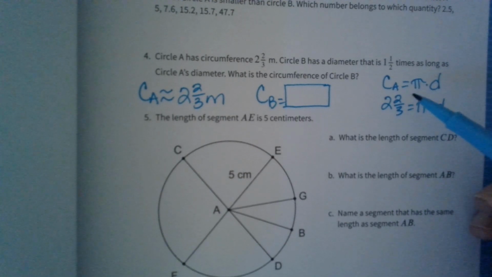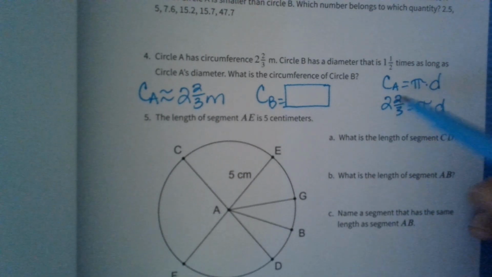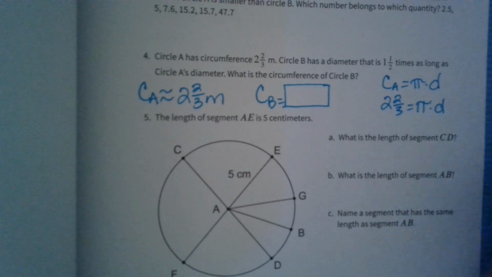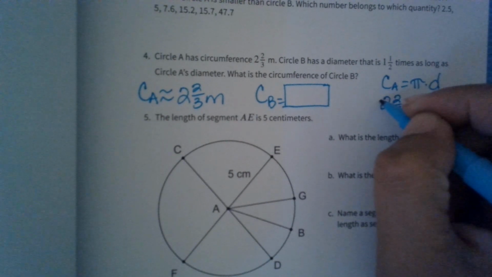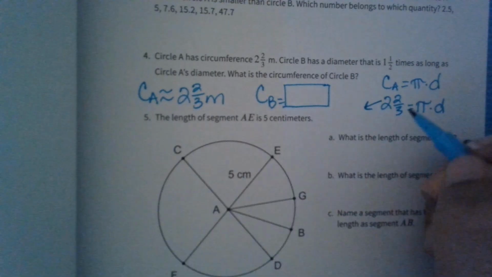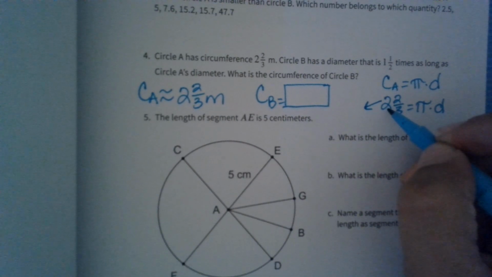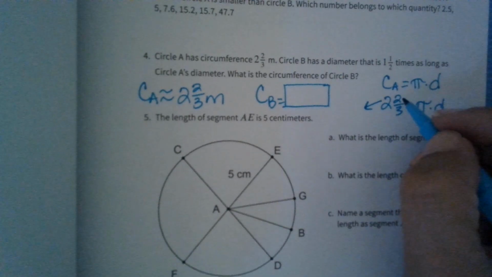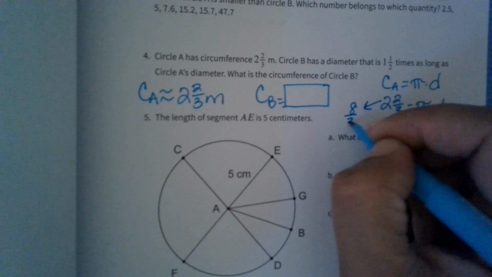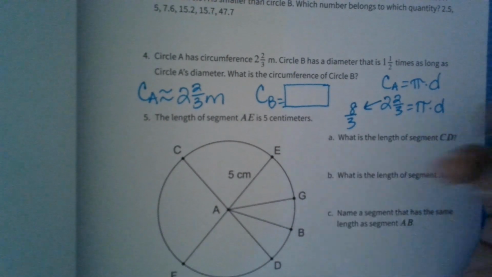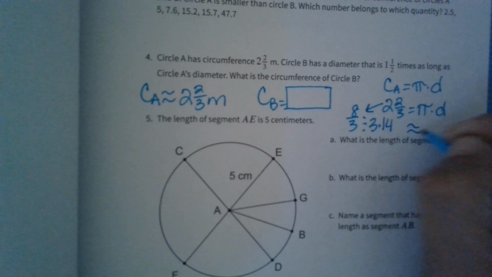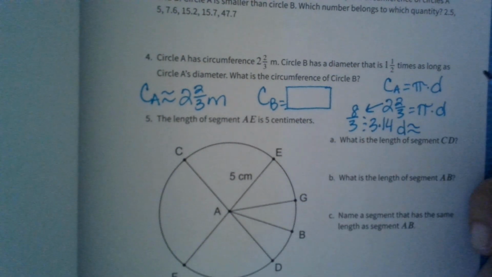Write this as either an improper fraction, or you can leave it like this as a mixed number. If you want to change this to an improper fraction, remember, you have to multiply 3 times 2 and add 2. So 3 times 2 is 6. 6 plus 2 is 8. So I'm going to use 8 over 3 divided by pi, which is 3.14.